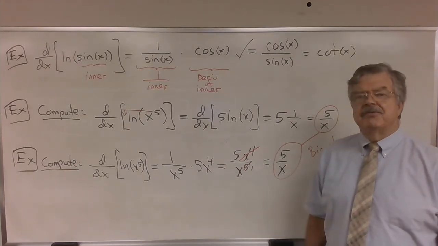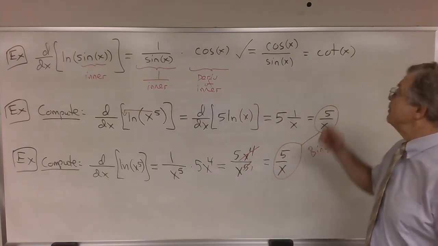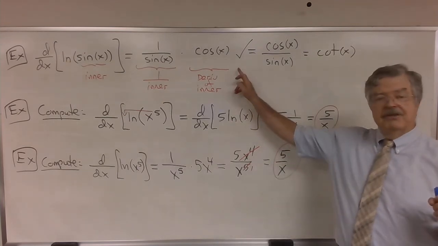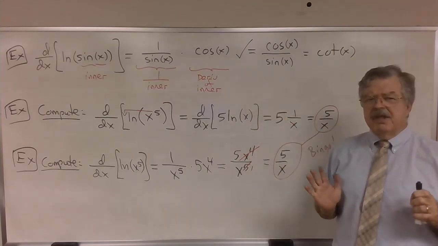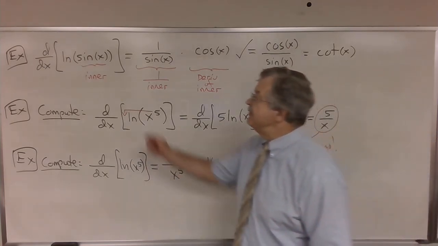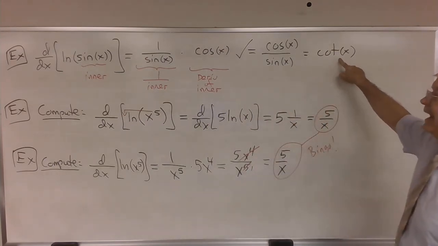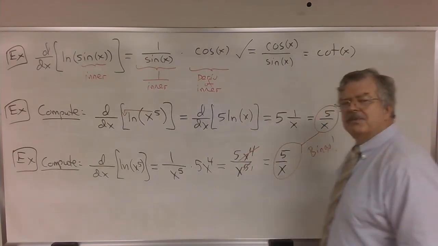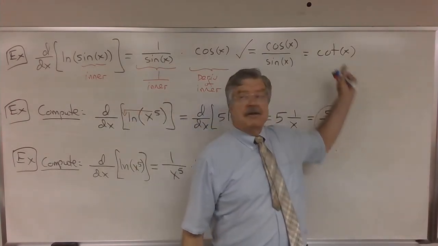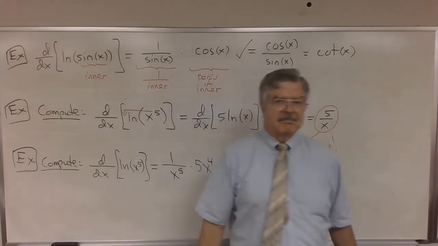But we didn't have an integral or an antiderivative formula for cotangent x, because until just this very minute, we had never seen the function that we had to compute the derivative of to get cotangent x. The function that we compute the derivative of to get cotangent x is natural log of sine of x.